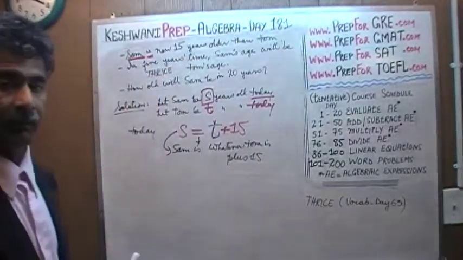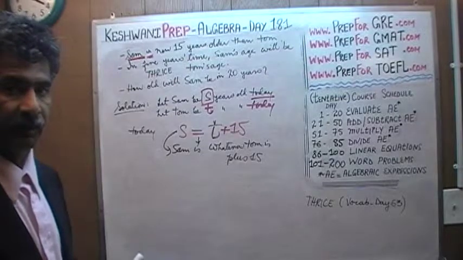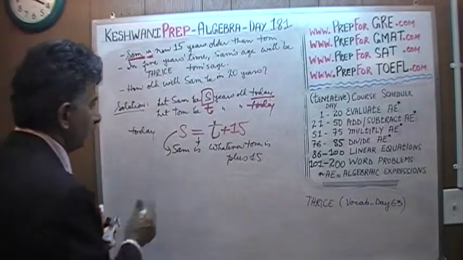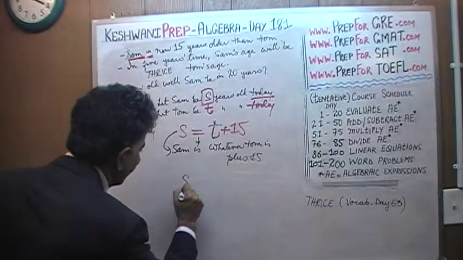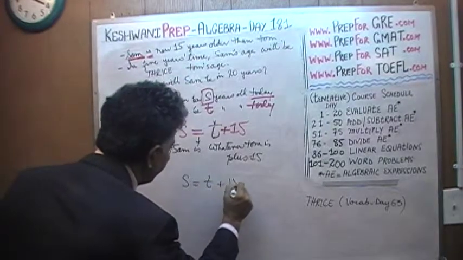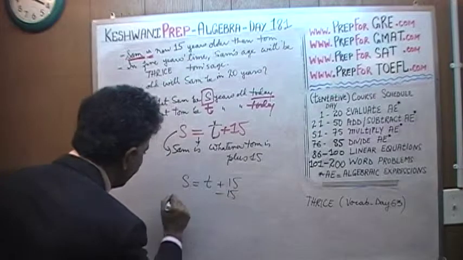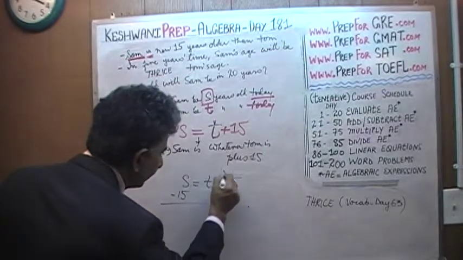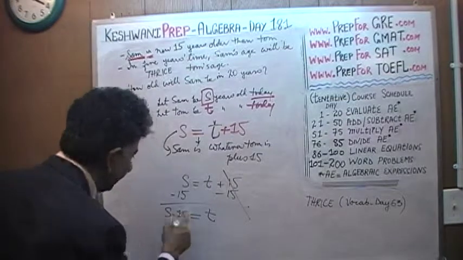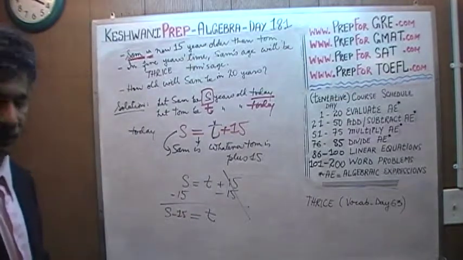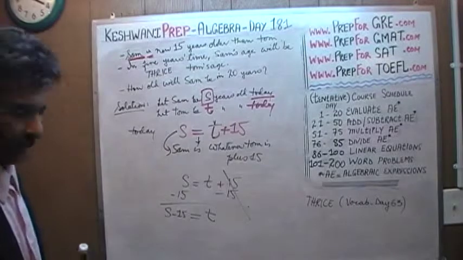But we could have written the same statement a little bit differently. Watch what happens. If you were to subtract 15 from both sides of S equals T plus 15, the 15 cancels out, and now we say Tom is S minus 15. How do we read this in English language?